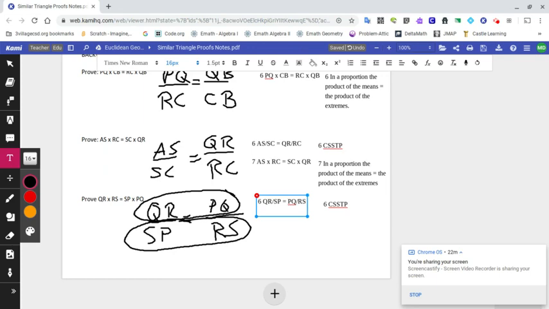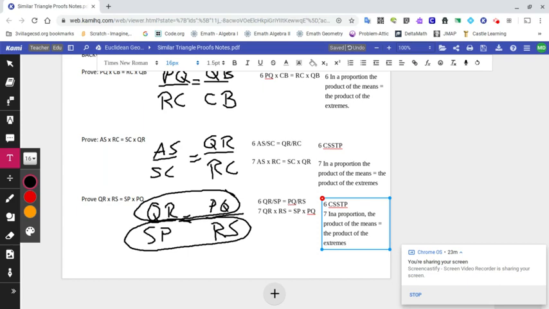Okay, and then my step 7 would be that final proof statement of QR times RS equals SP times PQ. And my reason, again, would be that in a proportion, the product of the means equals the product of the extremes. Okay, and that's it.